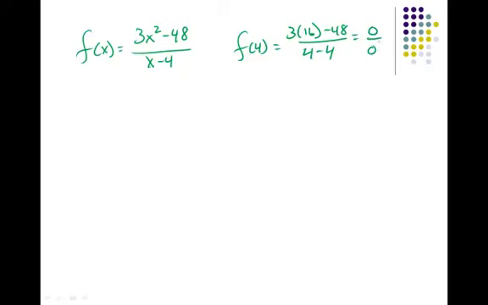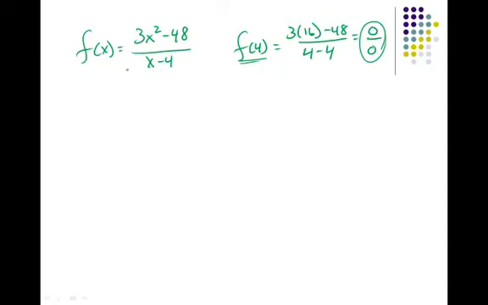So f of 4 is undefined because the function is indeterminate. Do you see the difference between that terminology? The value for f of 4 is undefined because the function takes on the indeterminate form.